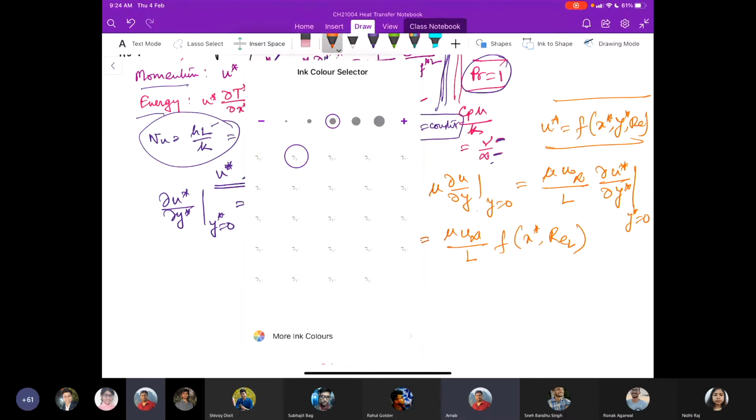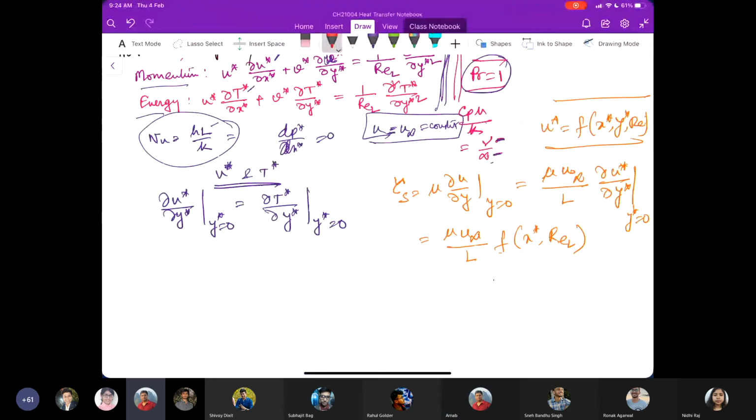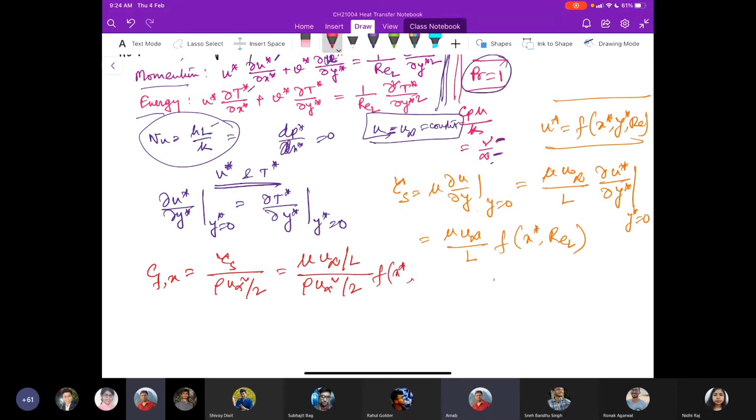Okay, and at the same time, we also knew from this that Cfx was tau s over rho u square by 2, which means we had mu u infinity by L over rho u square by 2 and a function of x star and Reynolds number, which was basically 2 by Re_L and another function of, for the sake of promptness, I'm writing the same function, but all these f's are of different function.